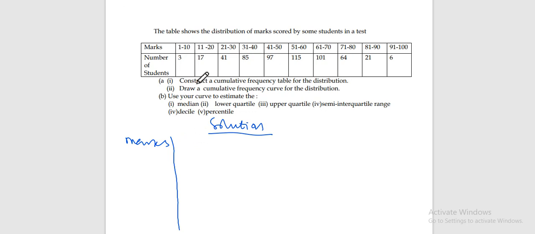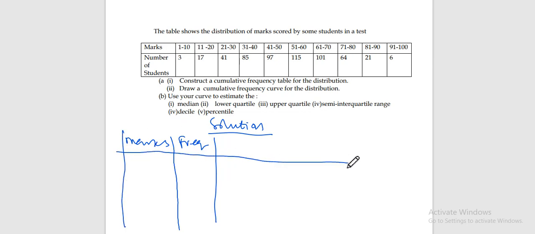Let's put the class boundary and the cumulative frequency side by side, so it becomes very easy for us. The frequency is, remember, the number of students. Then here we have the class boundaries, and here we have the cumulative frequency.